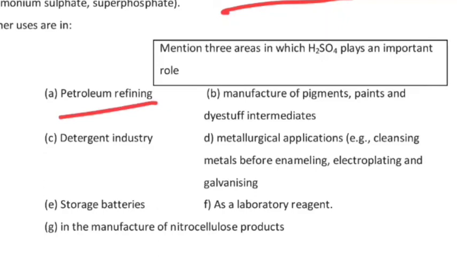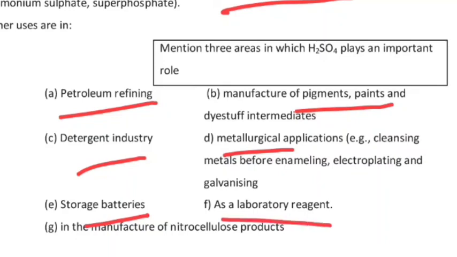It is used in the manufacturing of pigments, paints, dyes, etc. It is used in the detergent industry. It is used in metallurgical processes also. It is used in storage batteries. It is also used as a laboratory reagent. These are some of the uses of sulfuric acid.